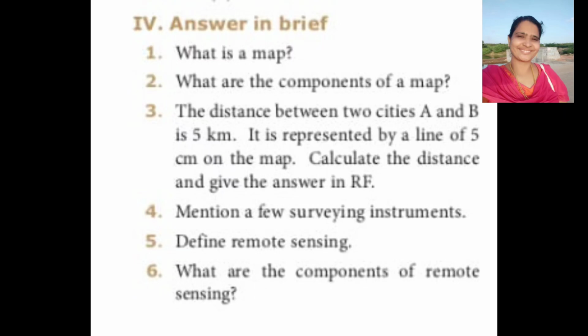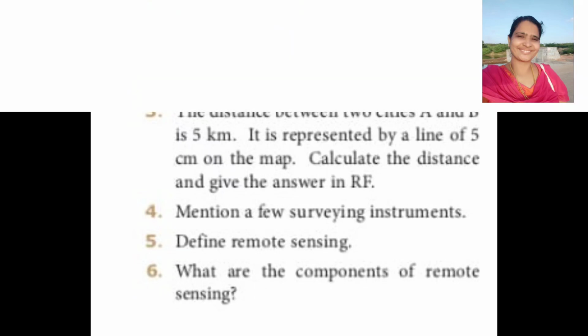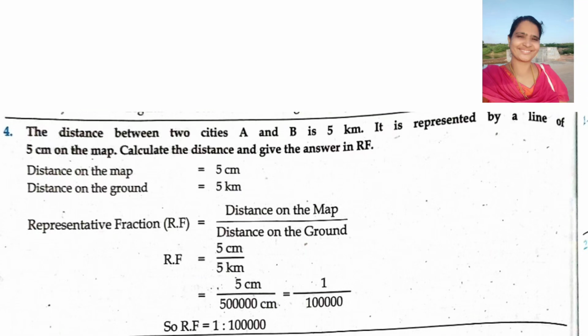The distance between two cities A and B is 5 kilometers. It is represented by a line of 5 centimeters on a map. Calculate the distance and give the answer in RF. See, the distance on the map is 5 centimeters. Distance on the ground is 5 kilometers.